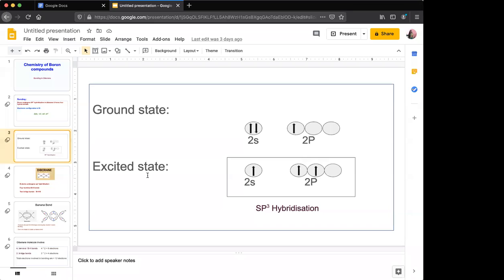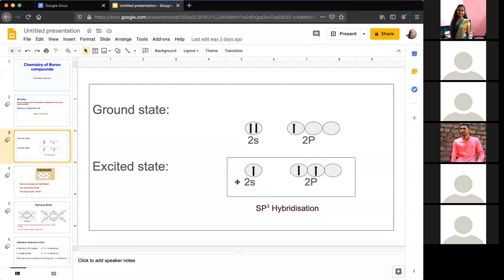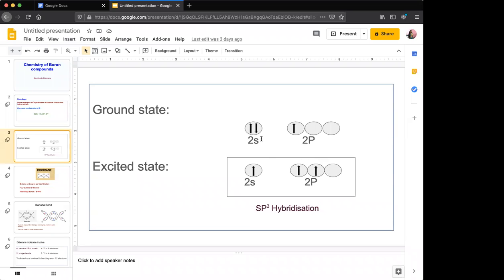So in the excited state, what will happen? The electron from the lower energy orbital will get excited to the higher energy orbital. As you can see here, in the ground state the 2s orbital has 2 electrons, right?